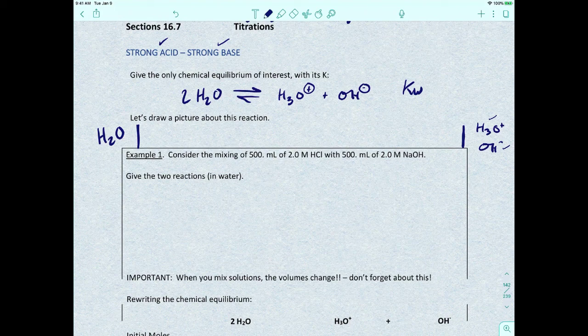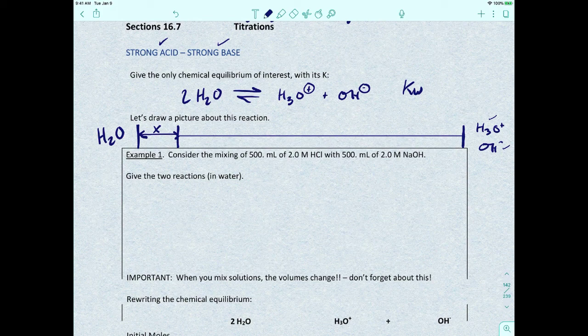So what we're doing this time around is a little bit different. We're going to start from the right-hand side. We're going to start with the products and try to figure out where that equilibrium is. Let's say that equilibrium lies over there. The distance between the water and our equilibrium, that distance right there, that's the X value.